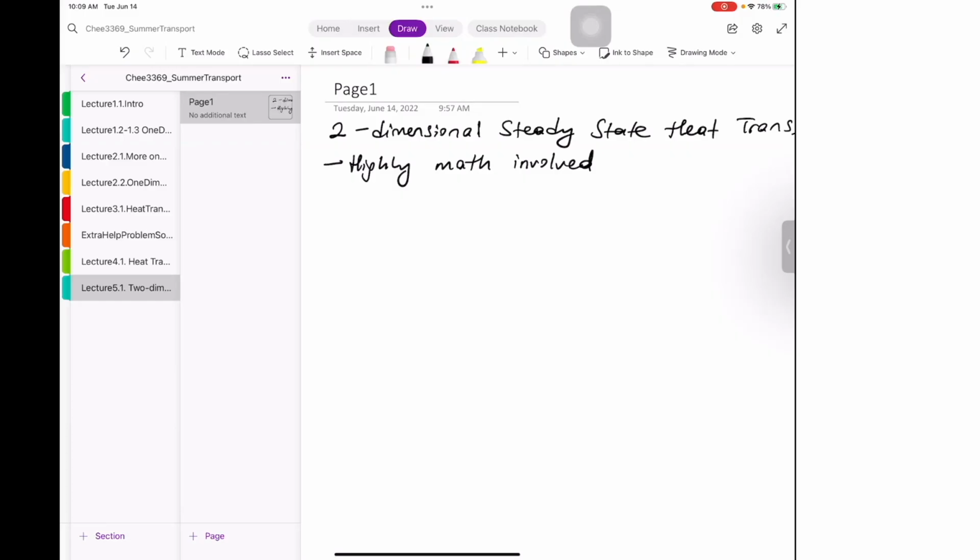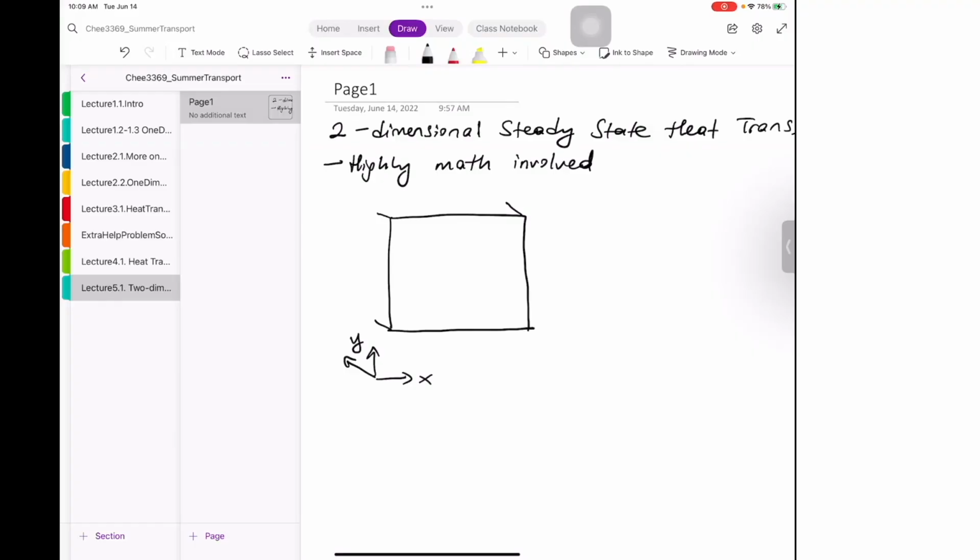And so let's talk about what our system looks like and what we mean when we say two-dimensional steady state. Imagine you have a plate, a two-dimensional plate, and we can actually neglect what's going on deep inside. This is my x-axis, this is my y-axis, and I can call this the z-axis.